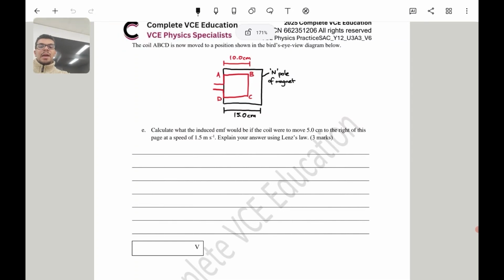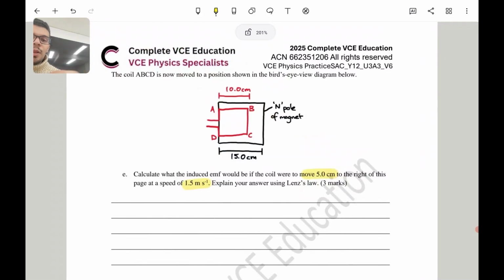So the coil ABCD is now moved to a position shown in the bird's eye view diagram. Calculate what the induced EMF would be if the coil were to move 5 centimeters to the right of the page at the speed of 1.5 meters per second. Okay, so guys, for this, you have to understand that if the coil moves to the right by 5 centimeters, then side BC is going to look like this.